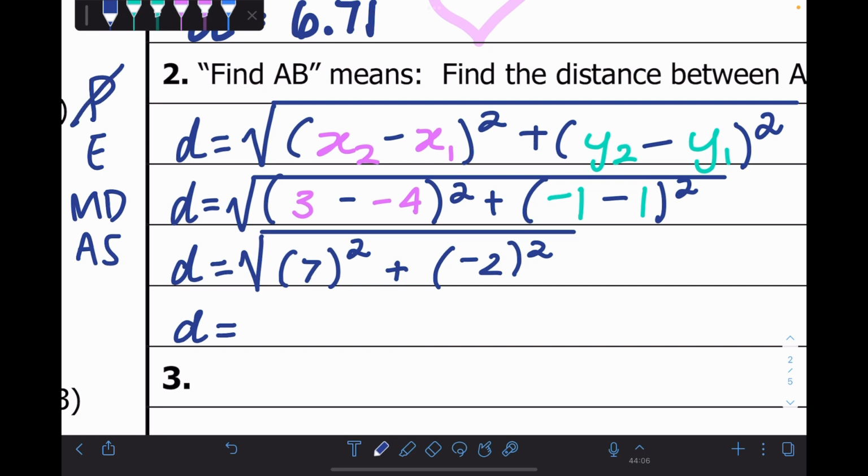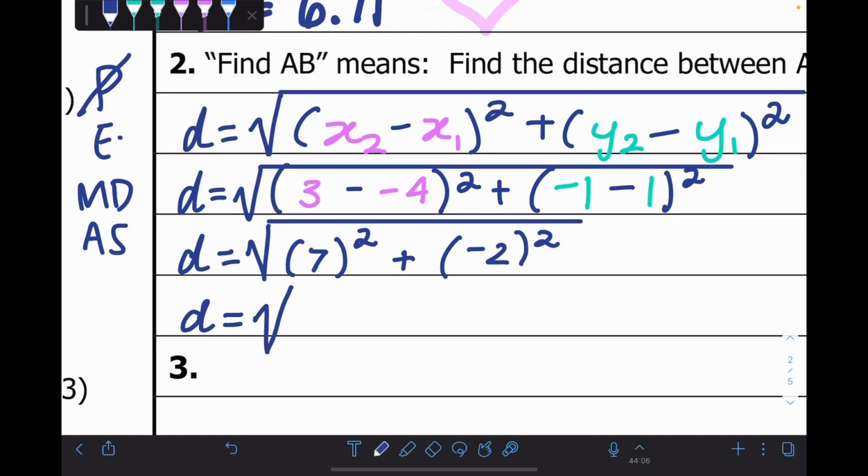So P is done, now we're at exponents, our squared ones. 7 squared is 49. Ooh, don't forget to write your square root, Amy. 49 plus -2 squared. -2 times -2 is +4.